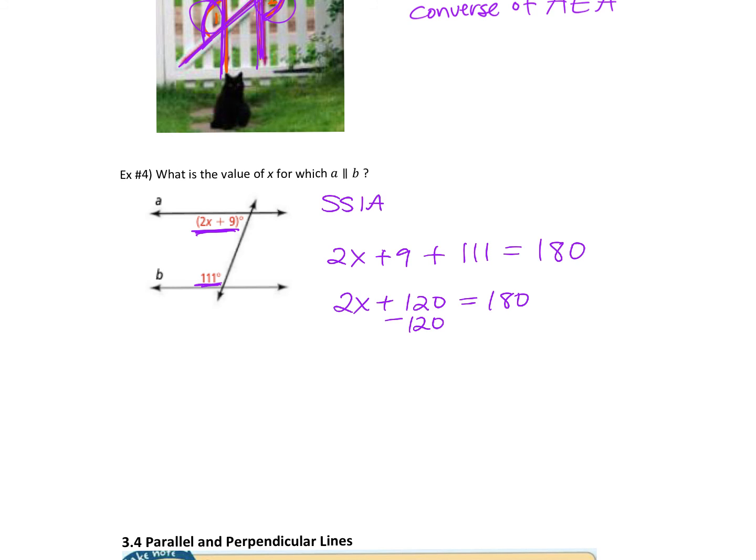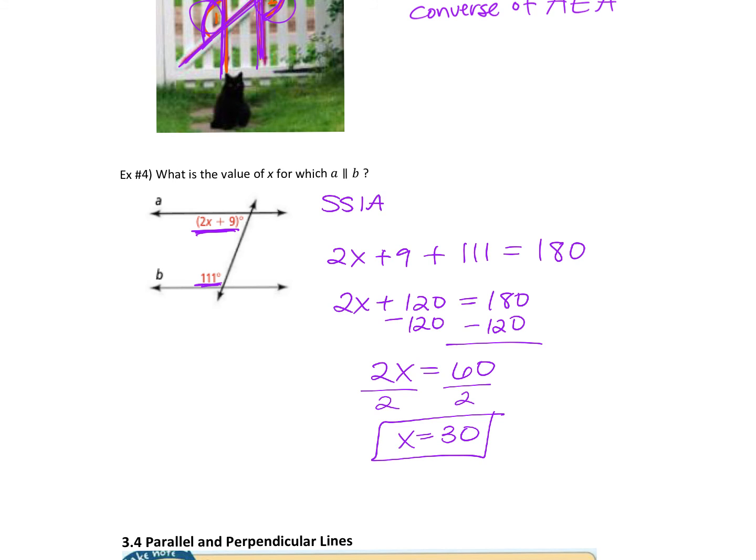Take away that 120, and you get 2X equals 60, and then divide by 2, so X is 30. Okay, so what is the value of X that would make those lines parallel? X would have to be 30, and then the lines would be parallel because then the angles are supplementary, so lines will be parallel. Okay.